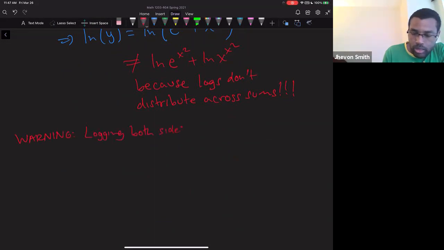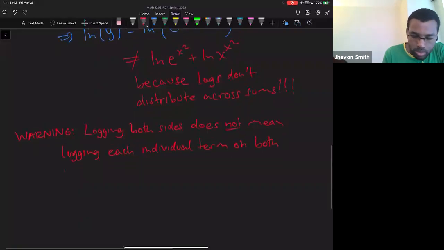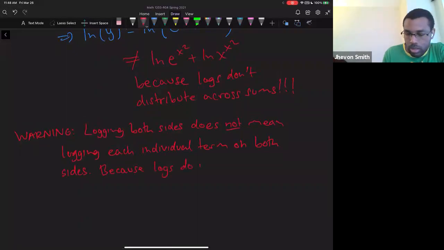Logging both sides does not mean logging each individual term on both sides, because logs do not distribute across sums.